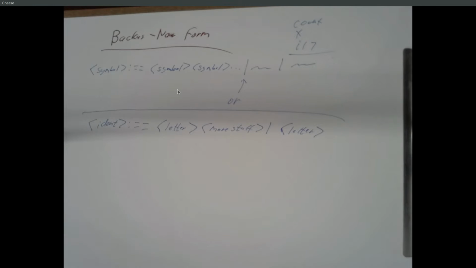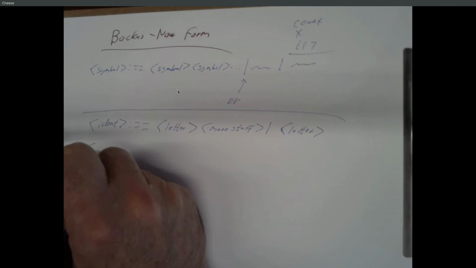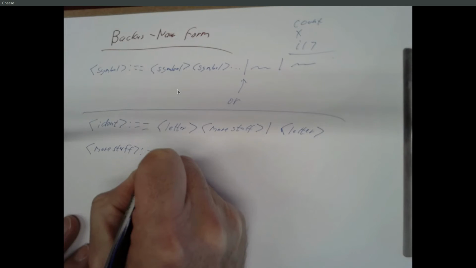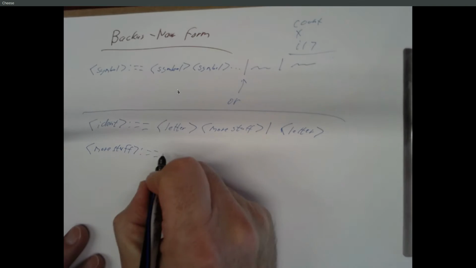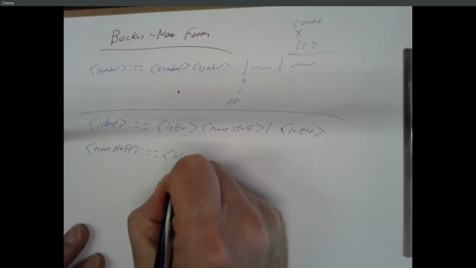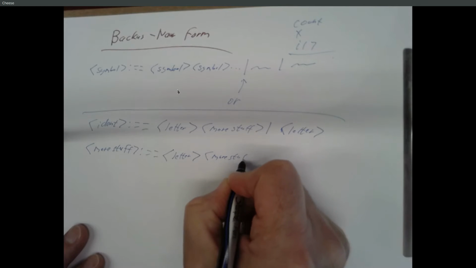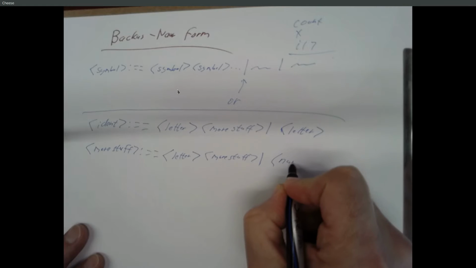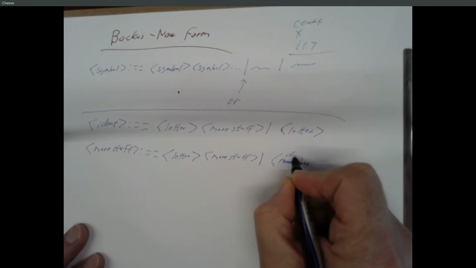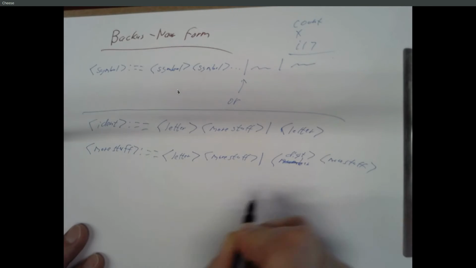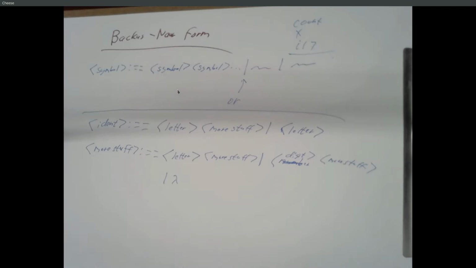So identifier colon equals equals, letter followed by more stuff. More stuff could be a letter followed by more stuff, or a digit followed by more stuff, or it could be just the empty string.